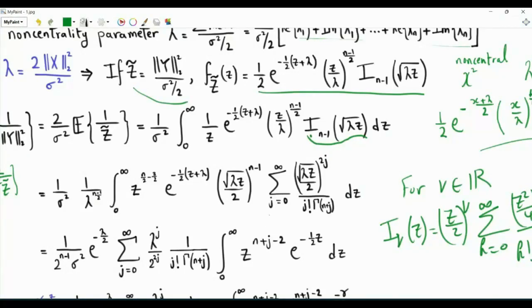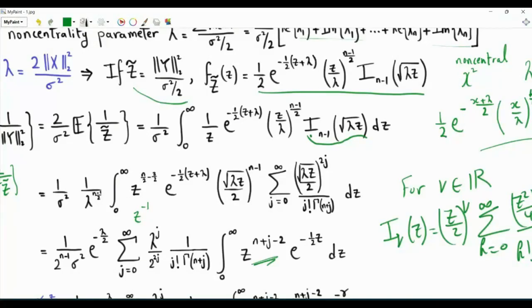The terms that depend on z will be, after collecting the similar terms, z to the power n plus j minus 2. For example, just to keep track of what we are doing, we have z to the minus 1. This minus 1 comes because we are obtaining the first reciprocal moment of the non-central chi-squared random variable.